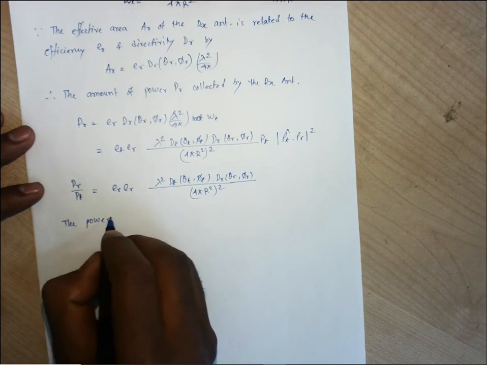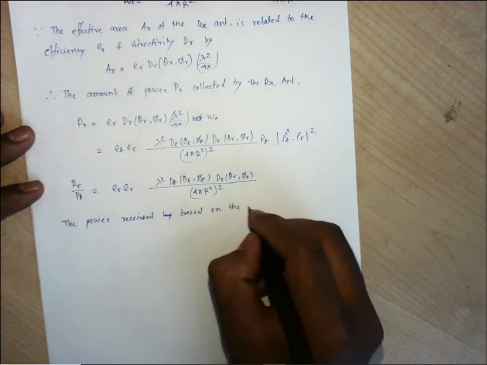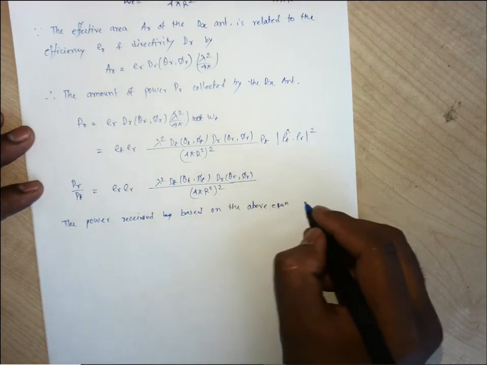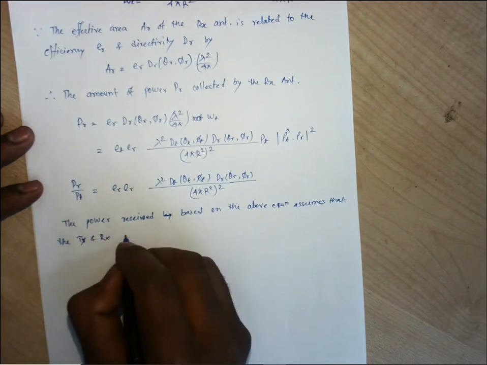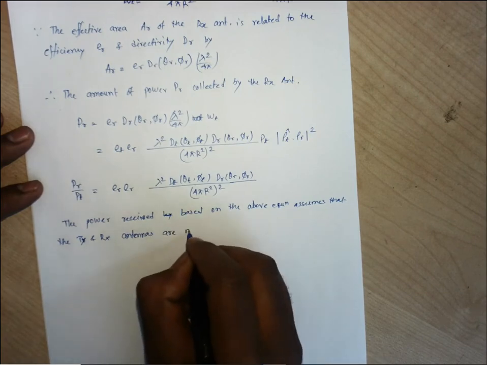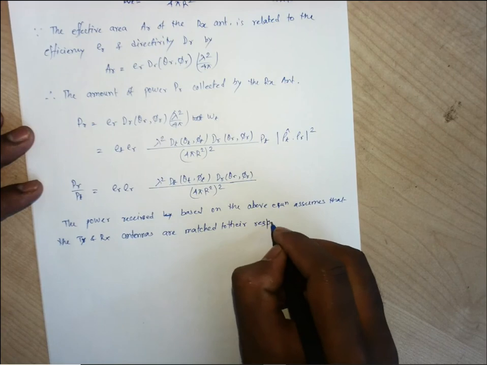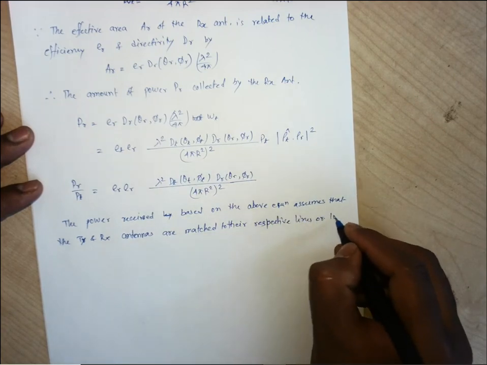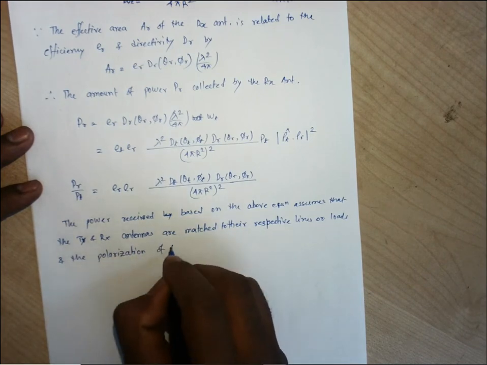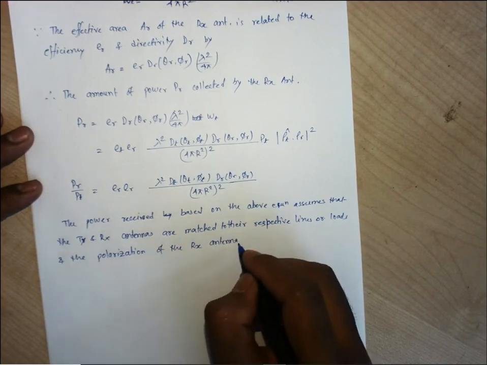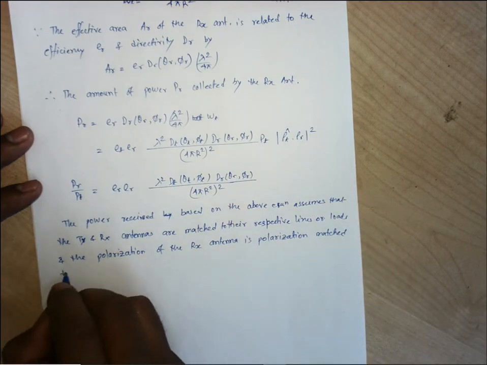The power received based on the above equation assumes that the transmitter and receiver antennas are matched to their respective lines or loads, and the polarization of the receiving antenna is polarization matched to the impinging wave.